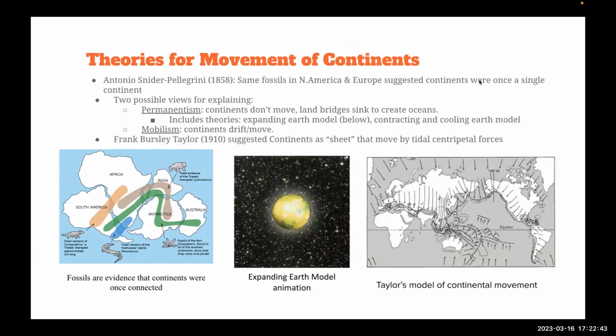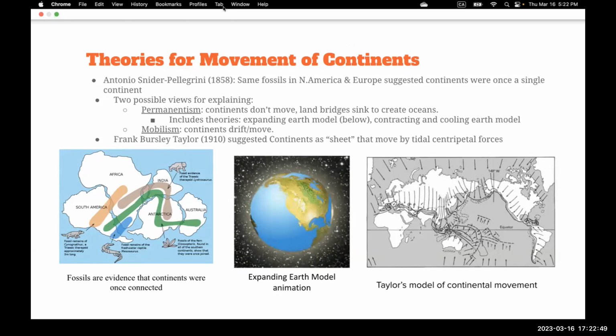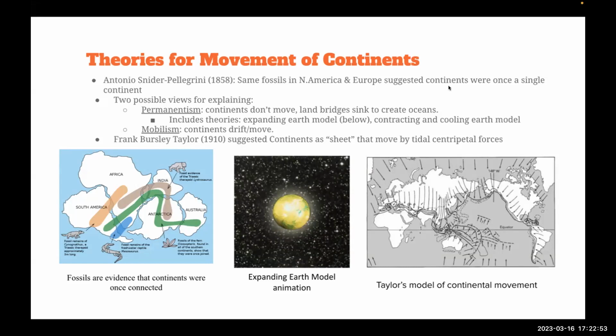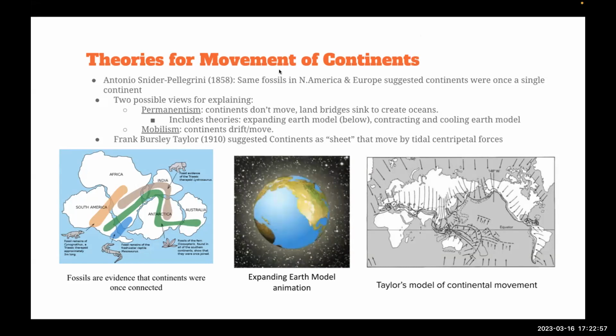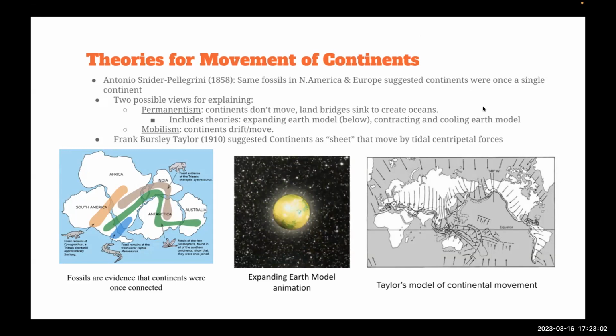The second class of theory of why people thought these were jigsaw puzzles, and how the continents could have been once together and then separated, was mobilism. Mobilism suggested that continents themselves move within the oceans. It's not just the Earth contracting and shrinking.